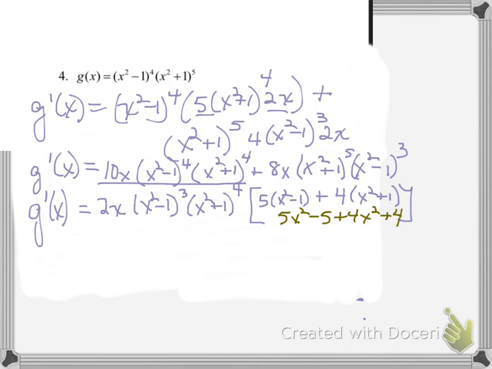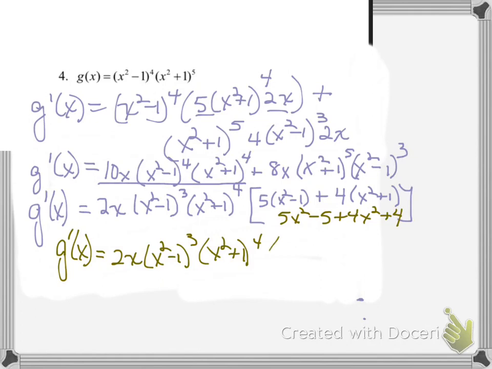Now our last line is going to be to rewrite what we have. So we have 2x, x squared minus 1 to the 3rd, x squared plus 1 to the 4th, and now let's combine like terms. 9x squared, and then a minus, let's see what I have.